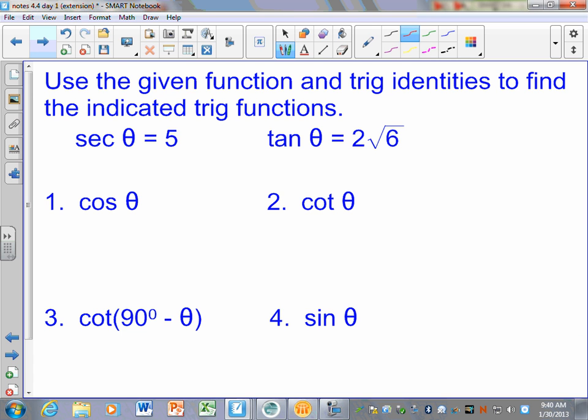Maybe I'll just show you all these, and then we'll see if we can compute them. The idea here is I'm trying to see if I can figure this out without actually drawing a triangle and drawing a picture. Not that you couldn't do it that way.